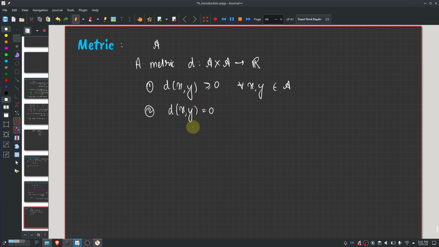It's equal to 0 only if x equals y. So if I take any two distinct points, the distance between those 2 points is strictly positive. And if I take a point and find the distance from that point to itself, that should be equal to 0. That's one basic property. What else? It should be symmetric, because the distance from x to y should be the same as the distance from y to x.